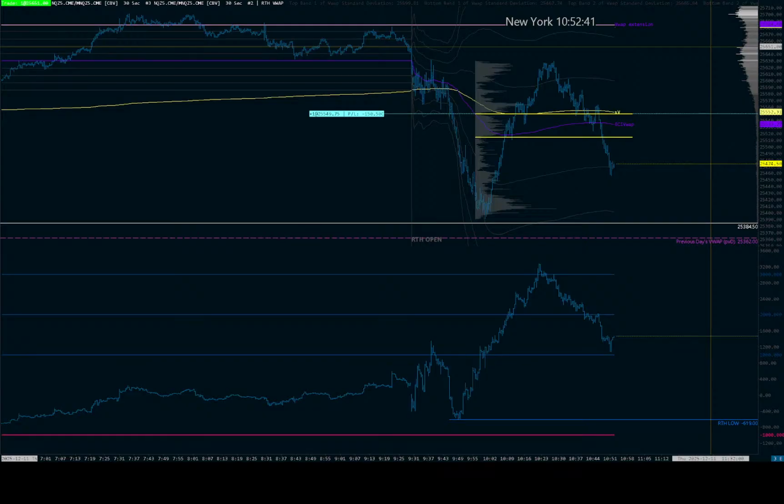Okay, so let me pull this one up and I'll show you guys what I'm looking at, if I can get it to display here. Just give me a second. It's loading.